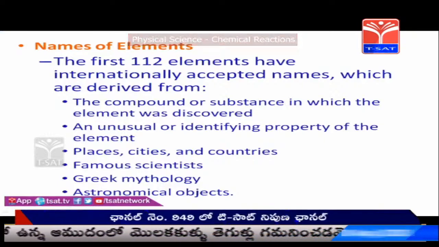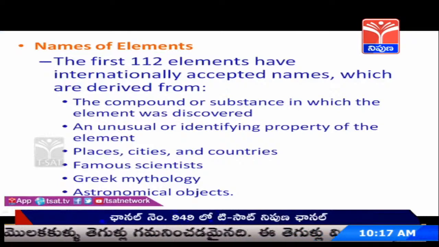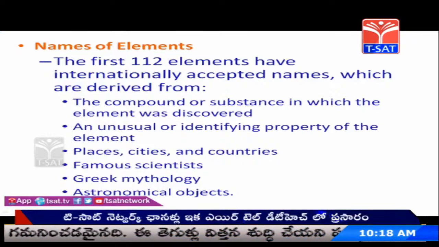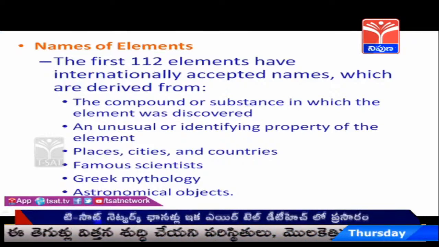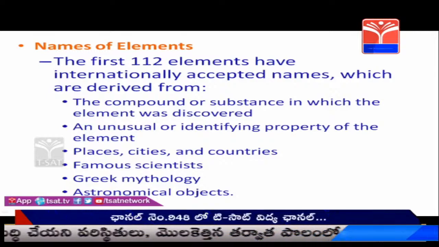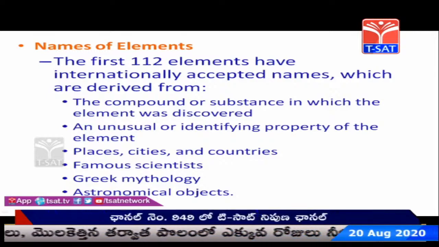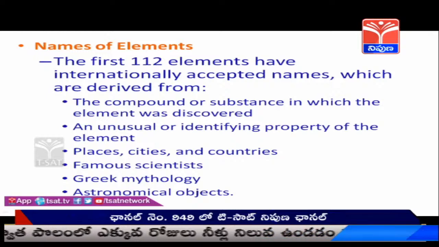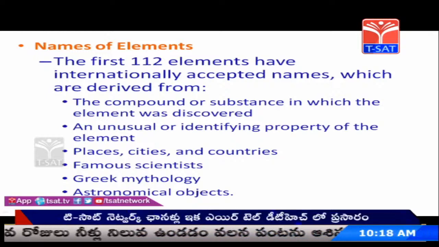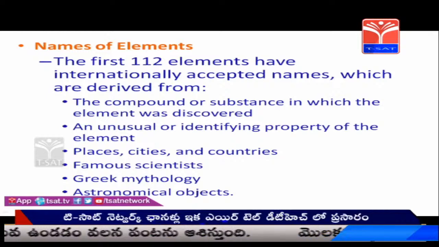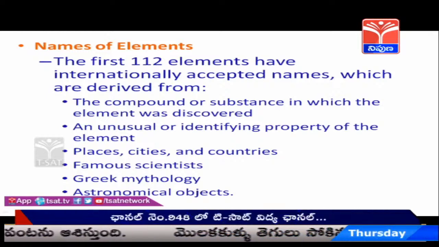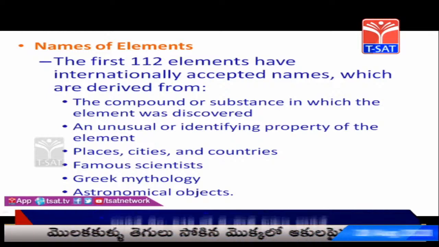And Greek scientists studied the chemicals thoroughly. So, basing on Greek mythology, several elements were named after some goddesses or the planets. For example, Mercury.